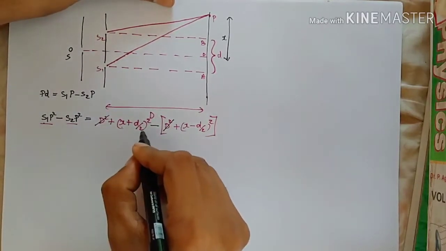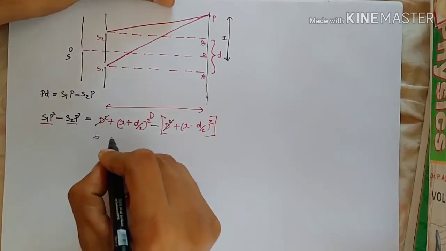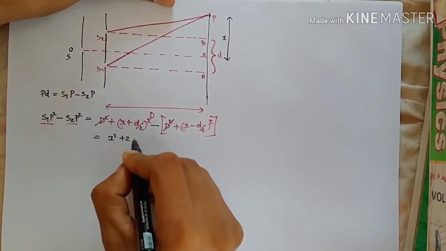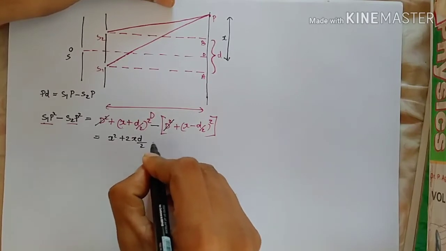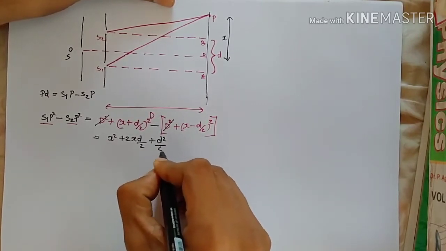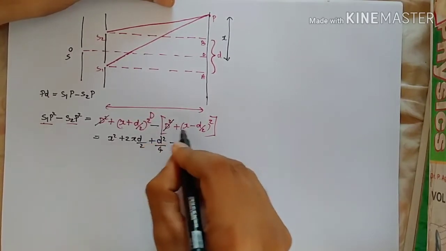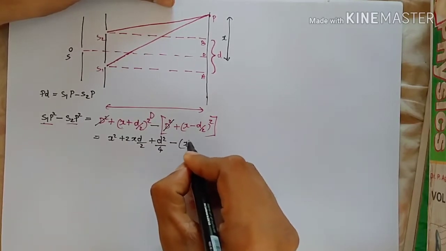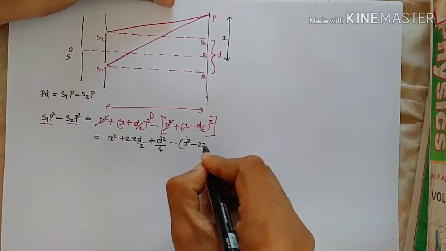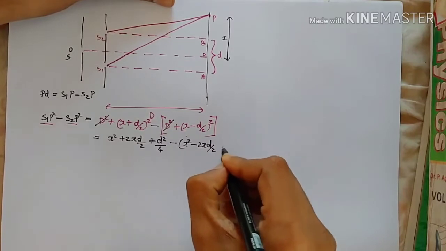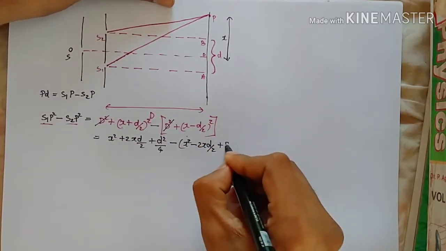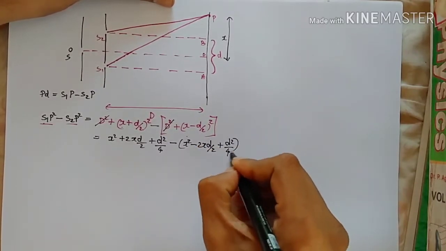Then (x plus d by 2) the whole square is x square plus 2xd by 2 plus d square by 4, minus, if I am expanding this, it will be x square minus 2xd by 2 plus d square by 4.